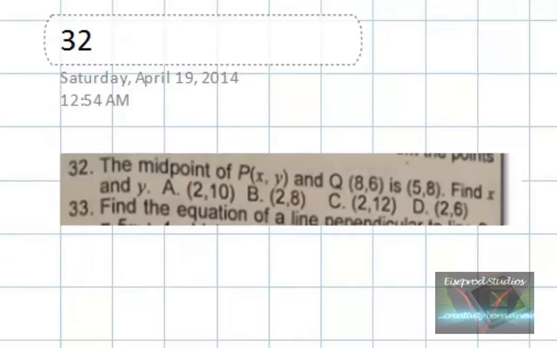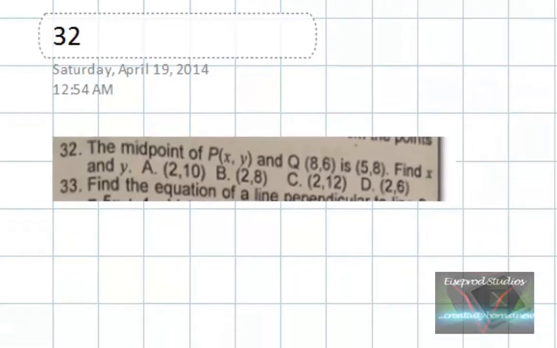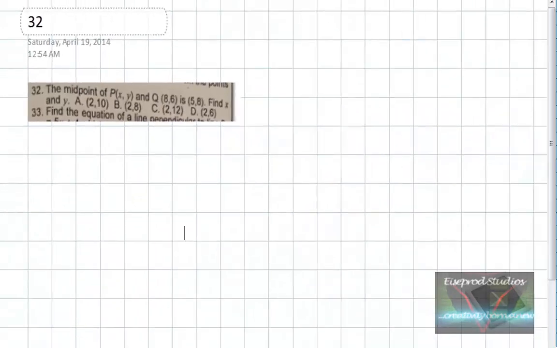So 32 says the midpoint of the point P, (x, y), and Q, (8, 6), is (5, 8). Find x and y. Imagining this on a coordinate plane, let's just say that we had the point (8, 6). I'm not going to be so specific about my numbers.